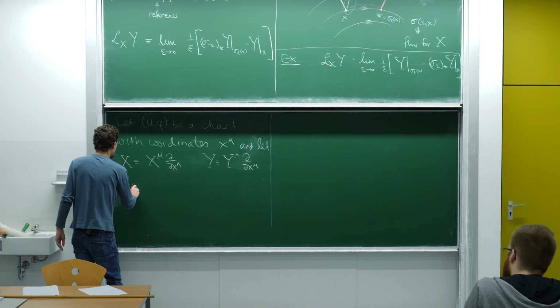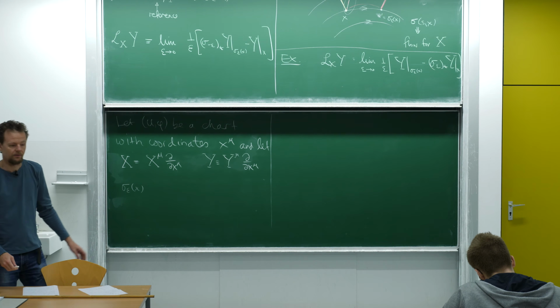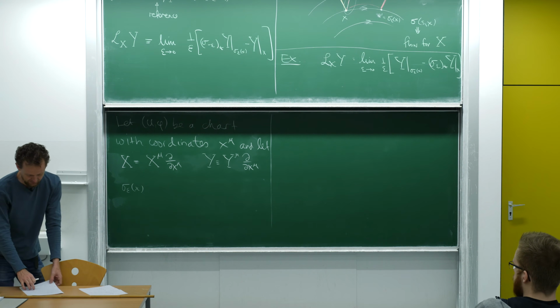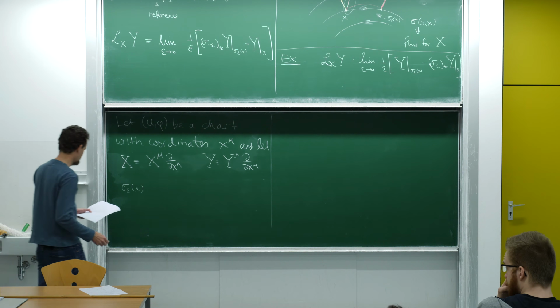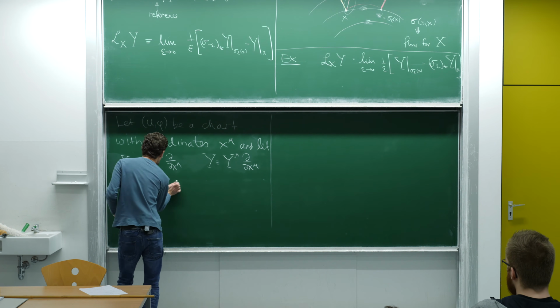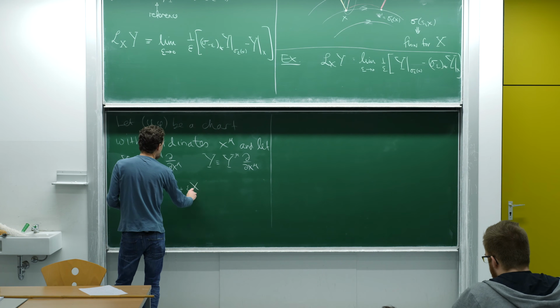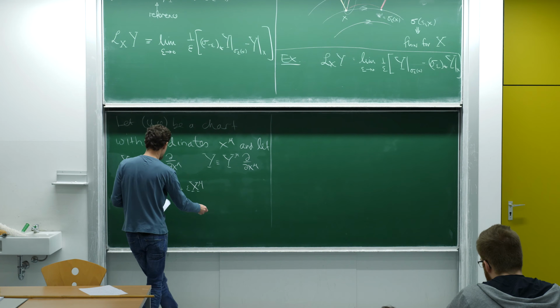The first thing we'll need is what is the flow sigma epsilon x? What's that actually equal to when epsilon is small? Well, that we can work out just by solving the integral curve equation to first order by iteration, or expanding the exponential if you like.